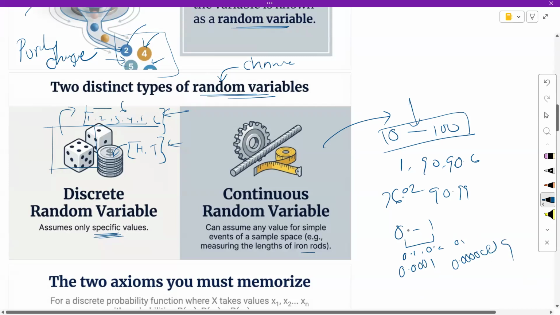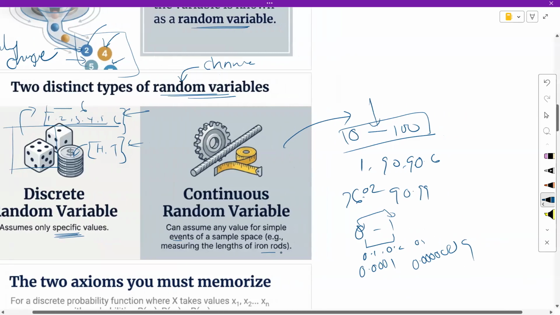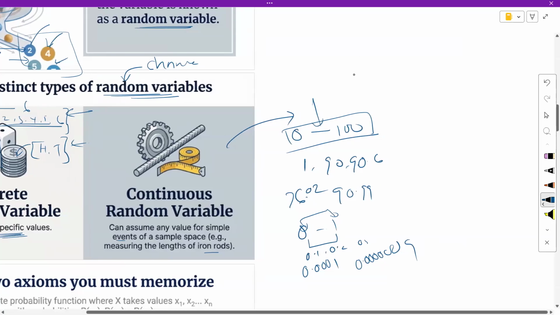It's within this range, but we don't know what the specific value is. It can assume any values for a simple event of a sample space. Example, measuring the length of iron rods. Here a machine produces iron rods. The length of this iron rod can be measured using a tape.